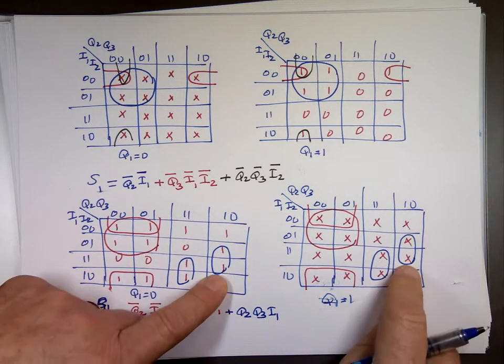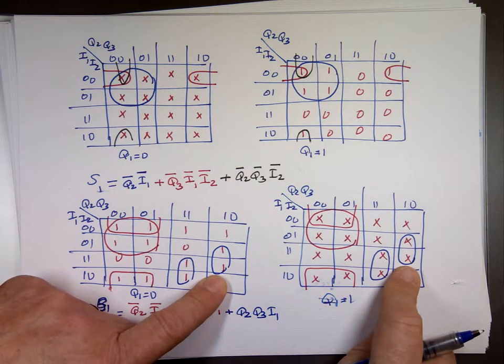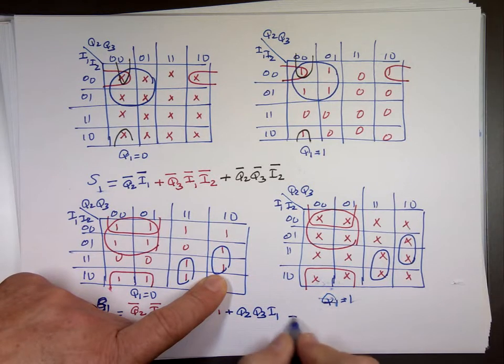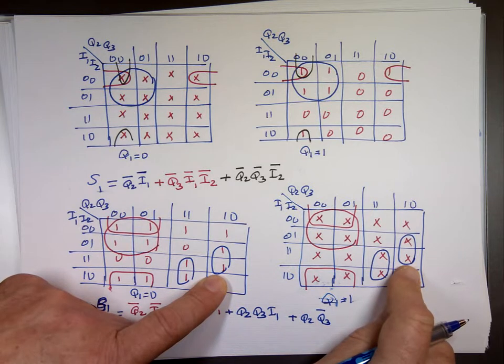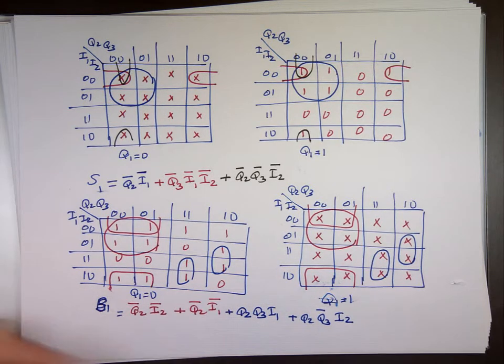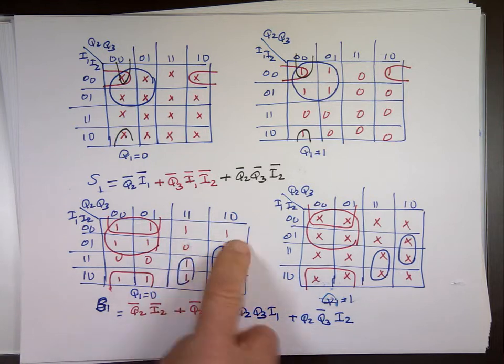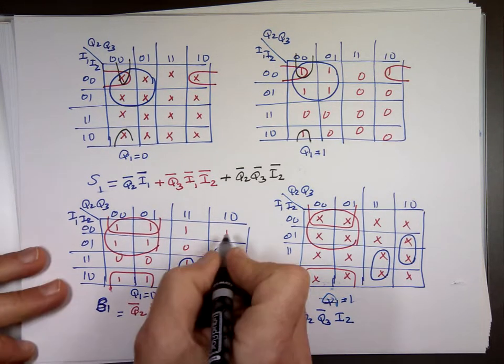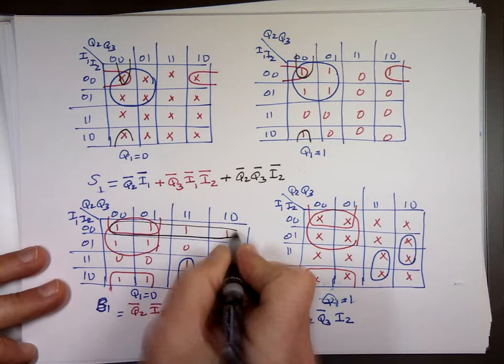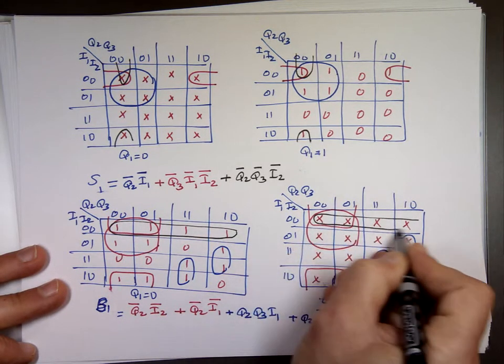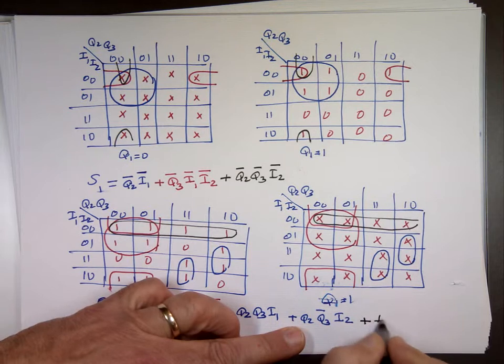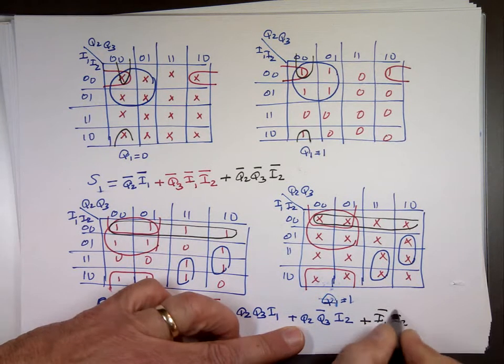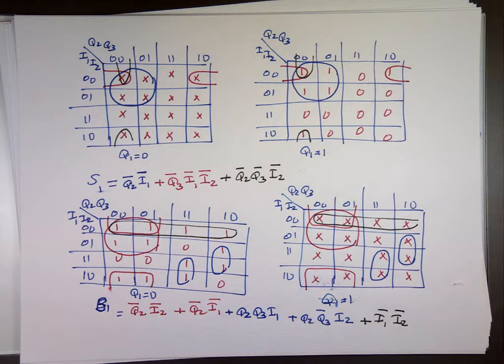And if I take these 4, that'll be Q2, Q3 not, and I2. And the last one, I have 2 more here. But instead of taking these 2, I'll take these 4 with these 4. And that will be I1 not, I2 not. So that's B1.